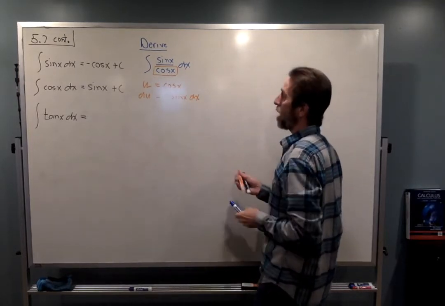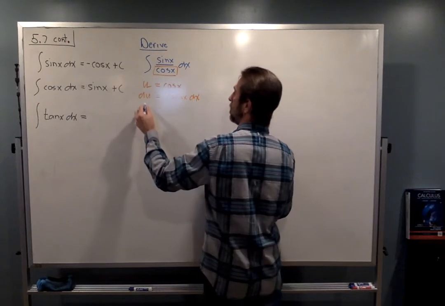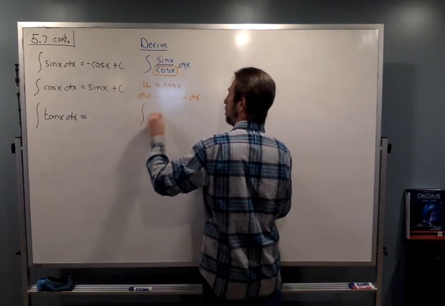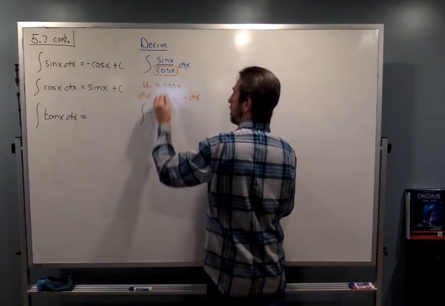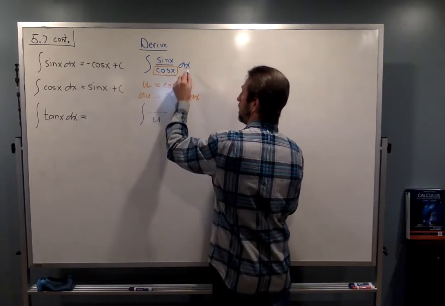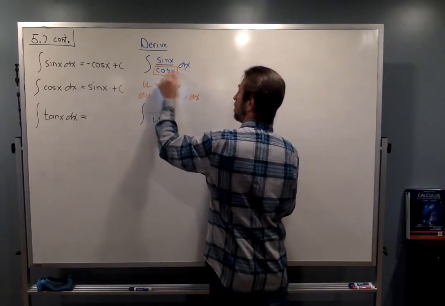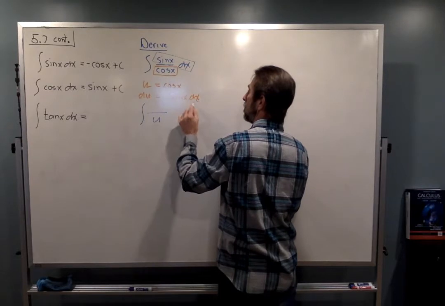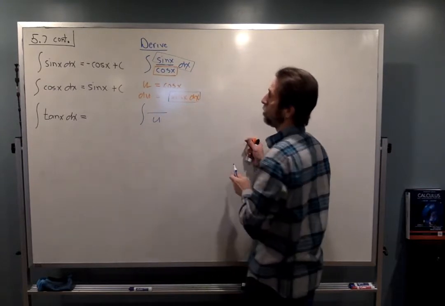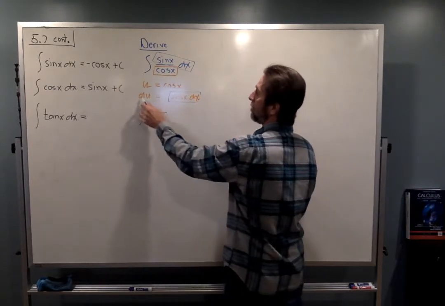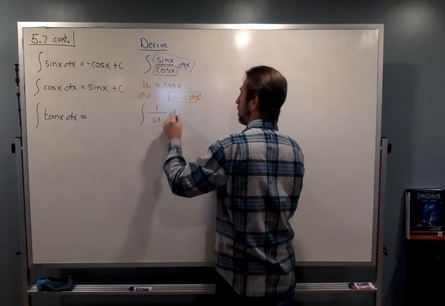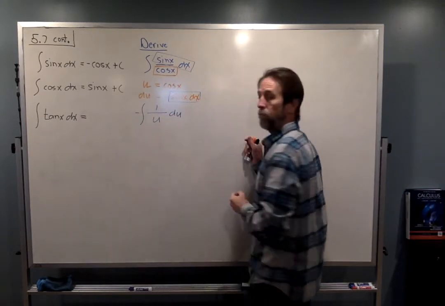So now putting all that back in terms of u values, this is going to be the integral. Cosine of x is just u. The dx sine x, if we use that whole substitution, would be negative du. I'll just put the negative out front.